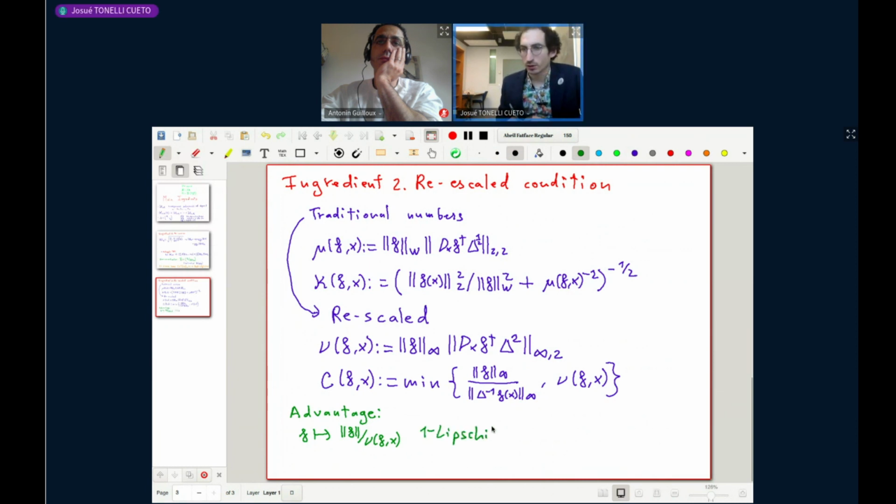It's even something stronger, but I think this is too technical. And the main advantage is that this map here, with this belonging to Sn, is one Lipschitz.